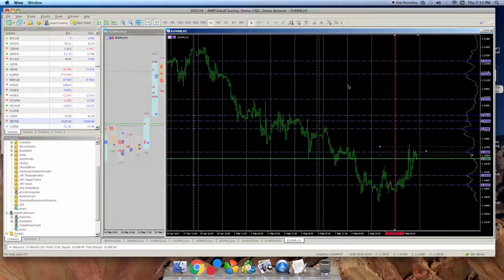So we can mark, for example, this area, where the professional institutions, banks, etc., the big players, are willing to buy or to sell, hiding their own volume, their own orders or contracts.